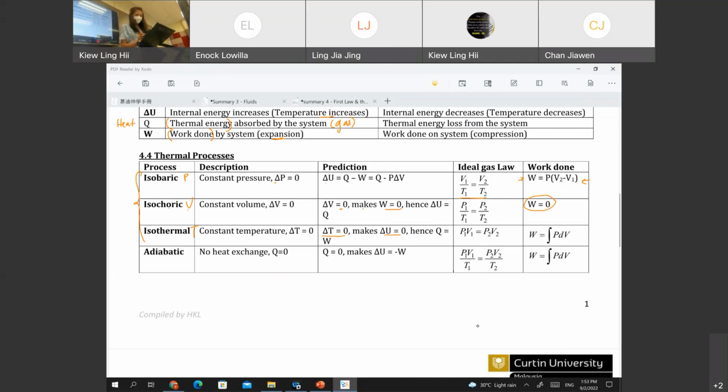And if you look at the work done for both isothermal and adiabatic, it's not P delta V only. However, it's the integration.